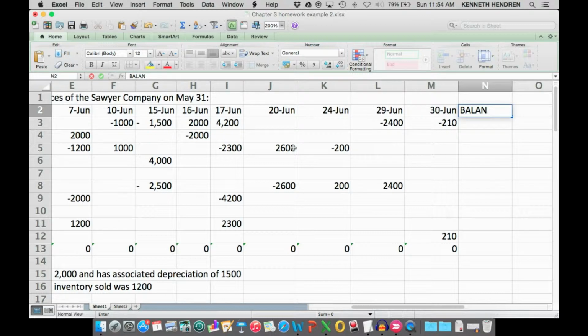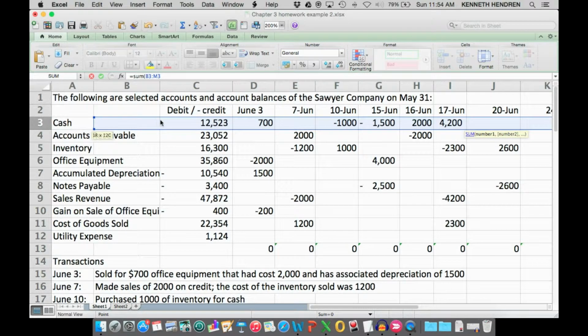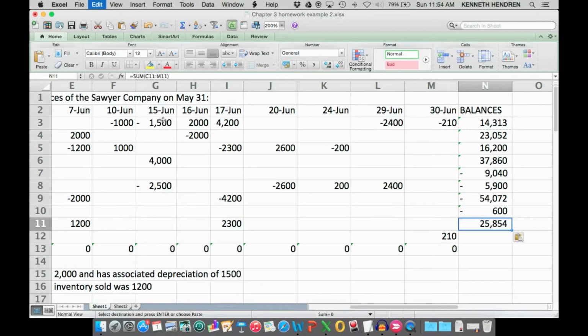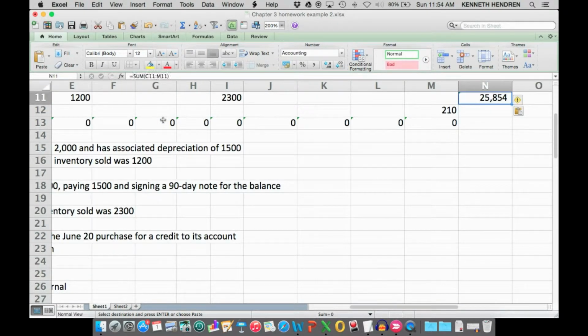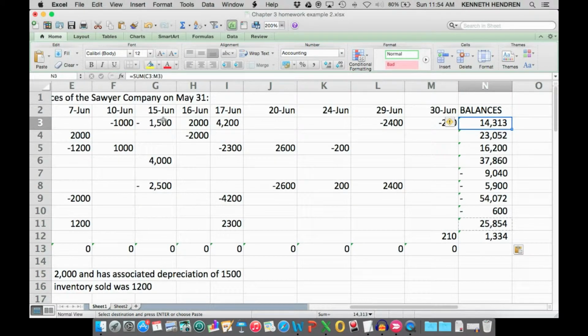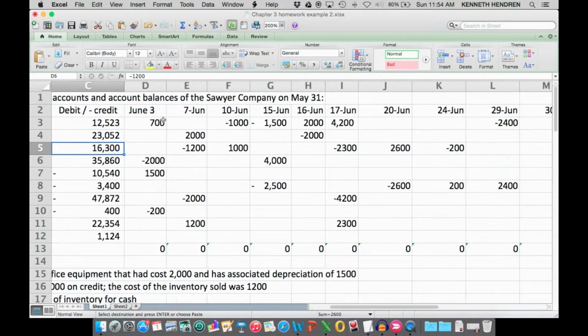All we do is sum this whole line all the way to there, and our new balances at the end of the month are right here. So that's what we have in each of those accounts as of the end of the month after we posted to those accounts.